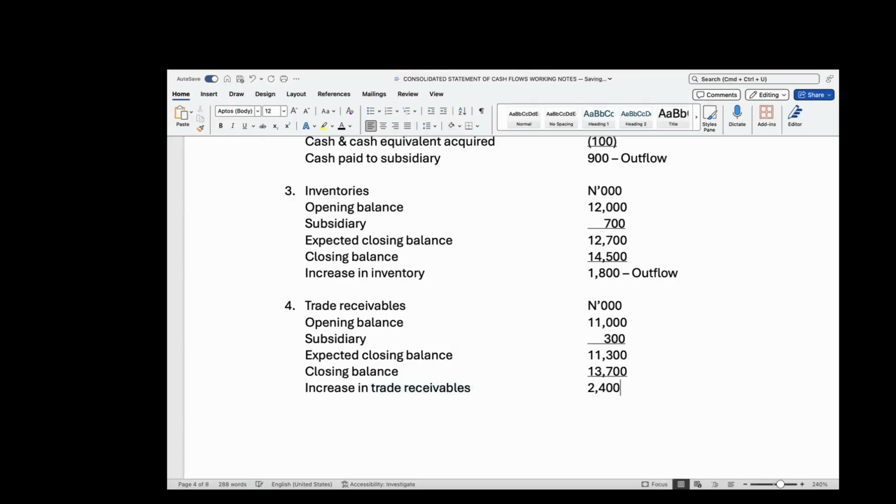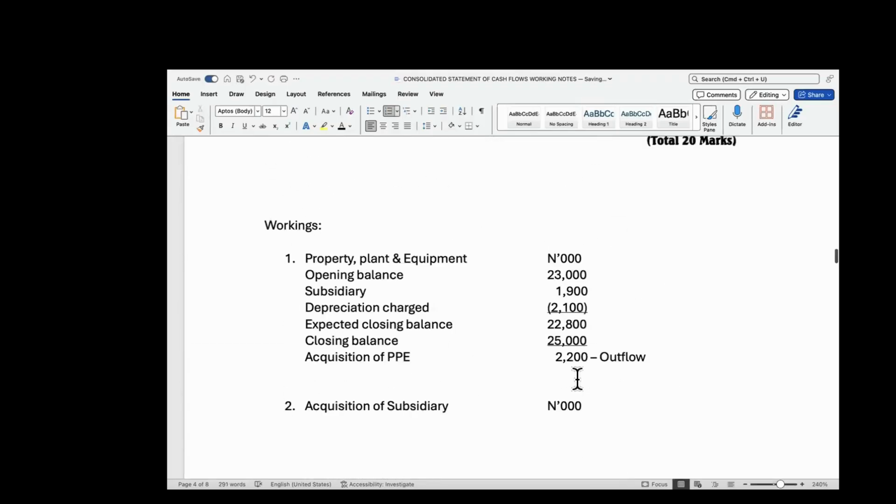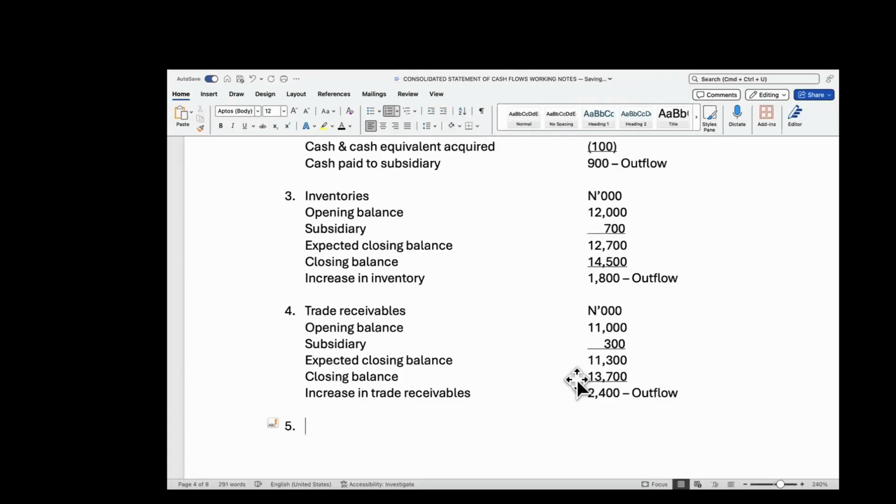Inflow or outflow? Outflow. Now, receivable, can you explain how it is an inflow? Sir, how is it inflow?